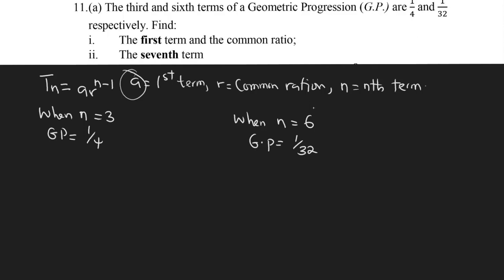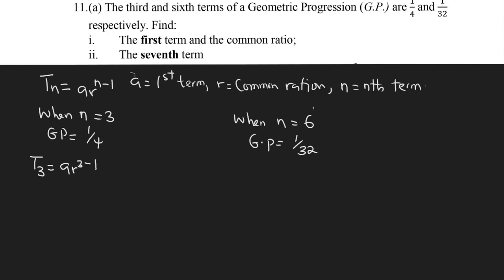So the way we are going to go about this is using this formula. For n equals 3, we say T3 is equal to a r raised to 3 minus 1, and that is equal to 1 over 4.